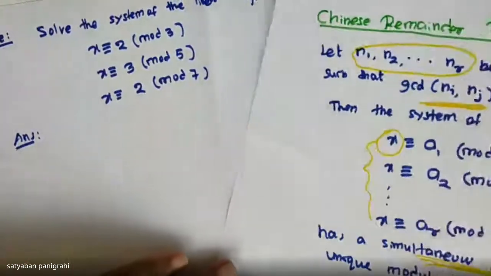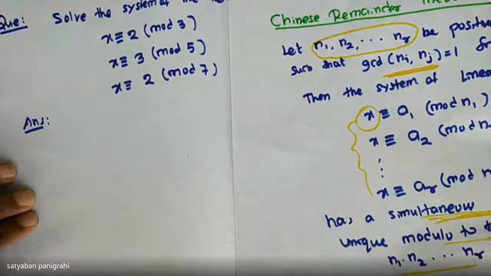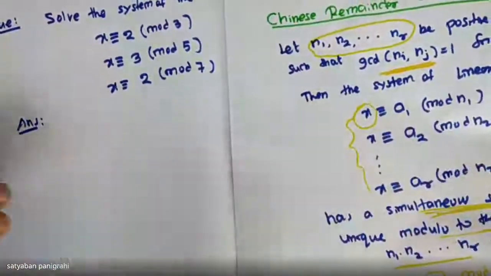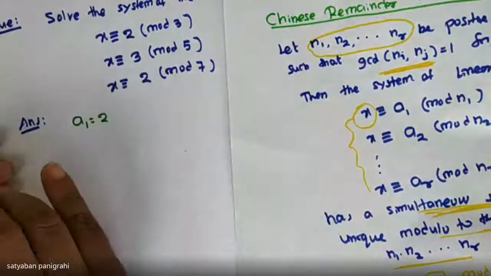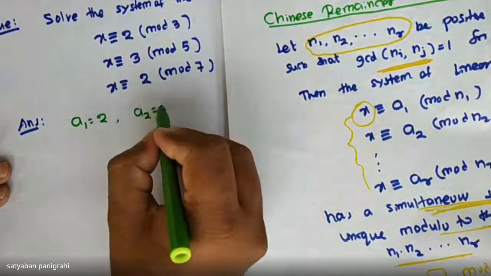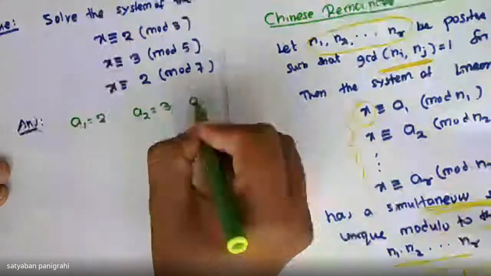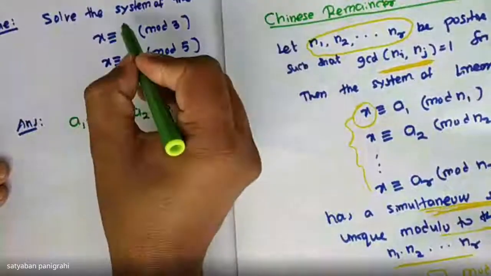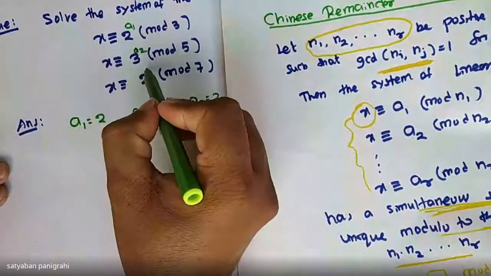What is the value of a1 here? a1 equals 2, a2 equals 3, and a3 equals 2.